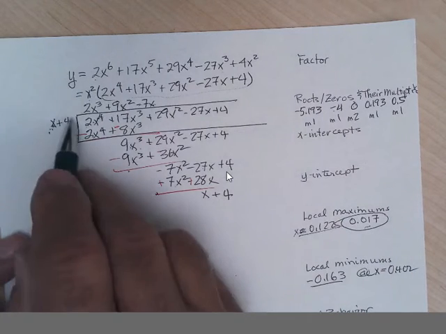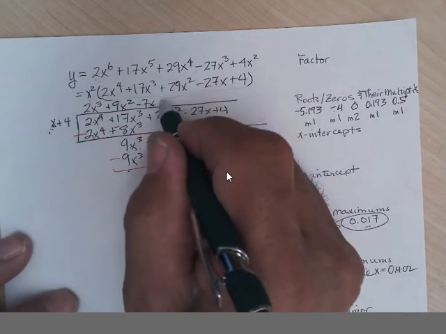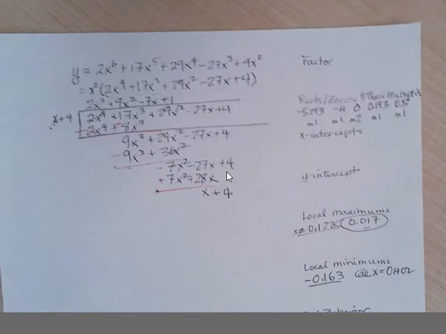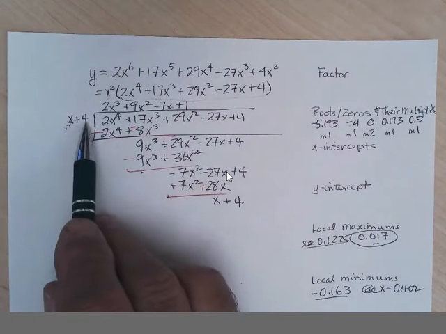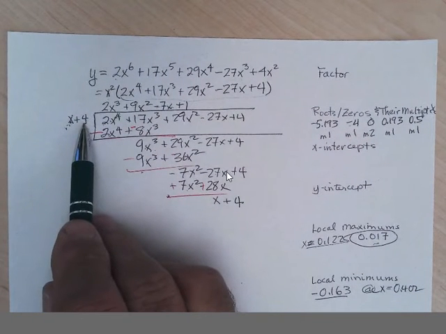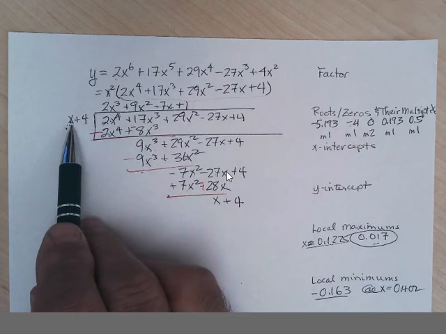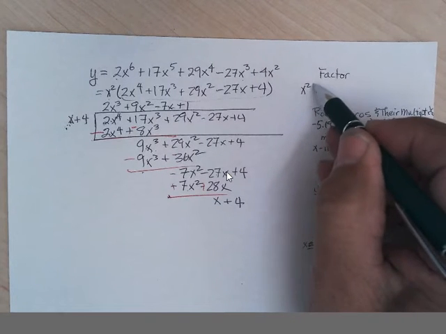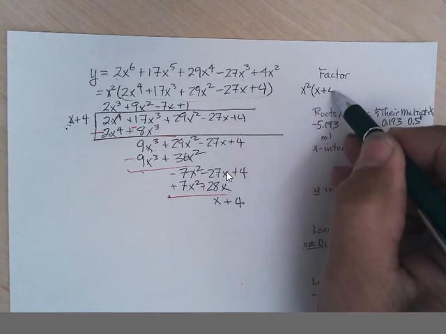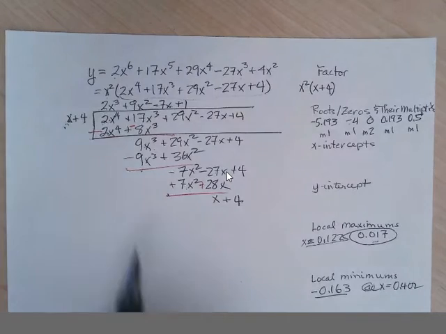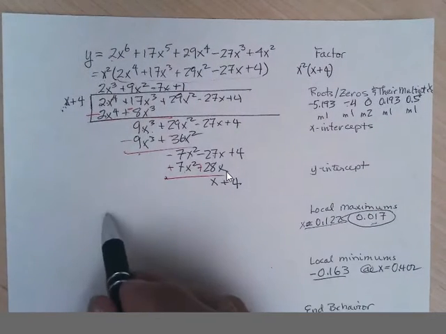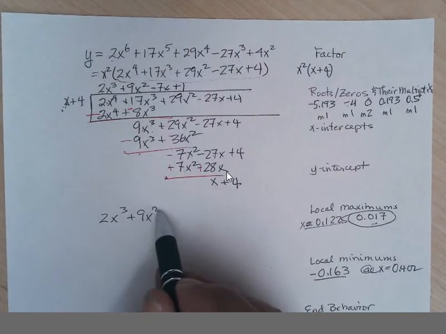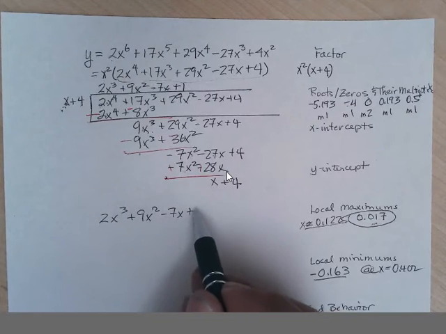And 1 times this would make this, so plus 1. And it went in evenly. So yes, x plus 4 is a factor, and negative 4 is a 0. So far I know there's an x squared, I know there's an x plus 4, and we will continue on with this, and so we have 2x to the 3rd plus 9x squared minus 7x plus 1.